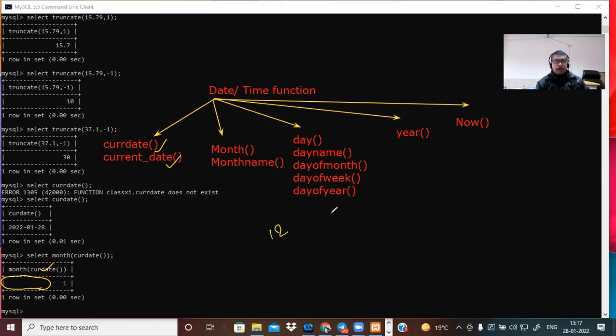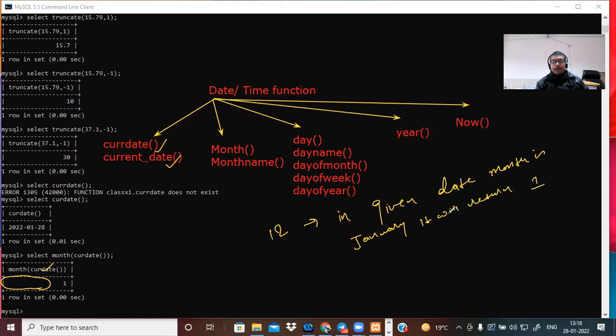If in the given date the month is January, it will return 1. If in the given date the month is February, it will return 2.